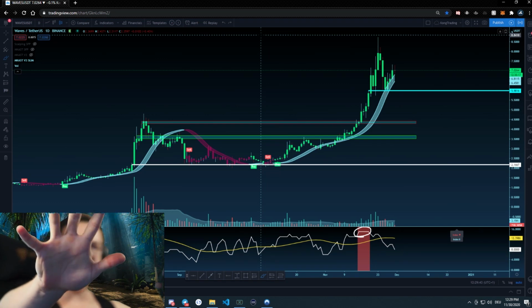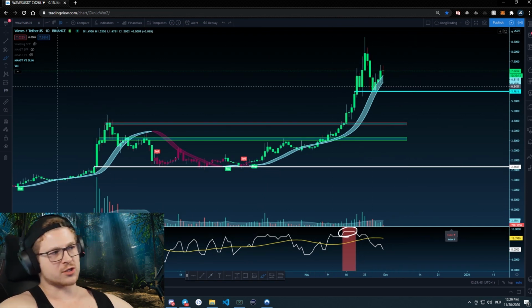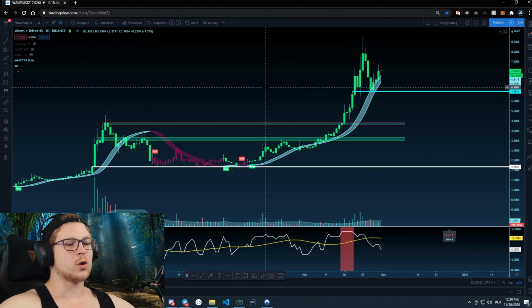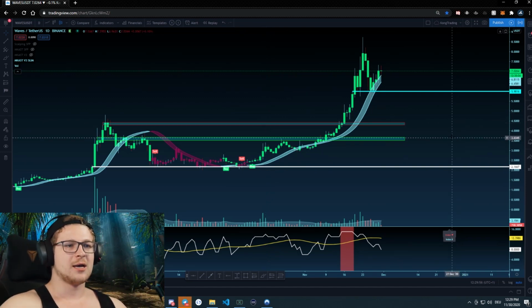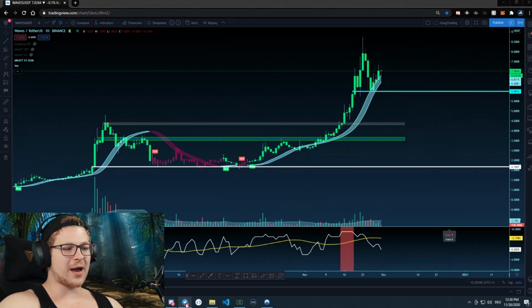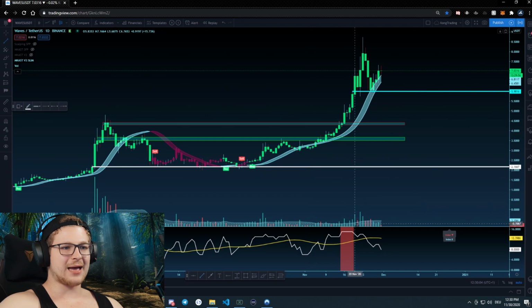Rule number 5. All right, rule number 5 are divergences. Once again, as you can see, we started out with indicators. Now we are continuing by comparing indicators and the chart. Now, if we see the chart rising and the indicator going down, at that point, we can see a bearish divergence. Let me show you guys.